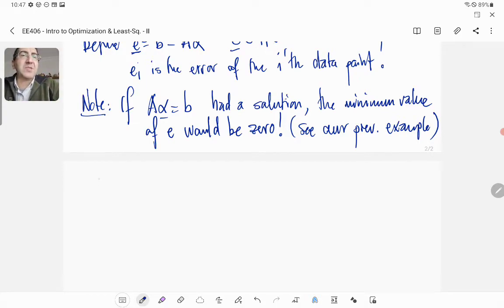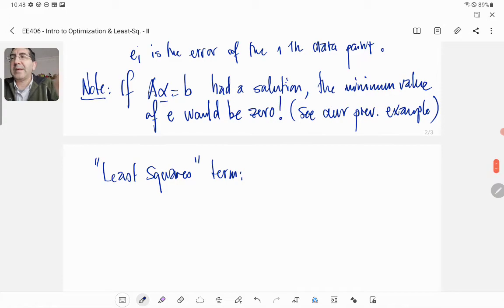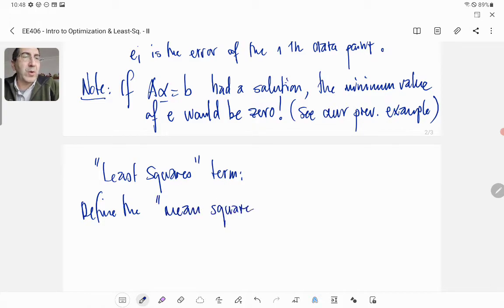Now, here comes the name for the least squares, okay? Least squares term, where that comes from. Now, let us define the mean squared error. Squared error. What is that? Well, we define the error, but for us, the sign of the error is not very important because we just want to make the error as small as possible.